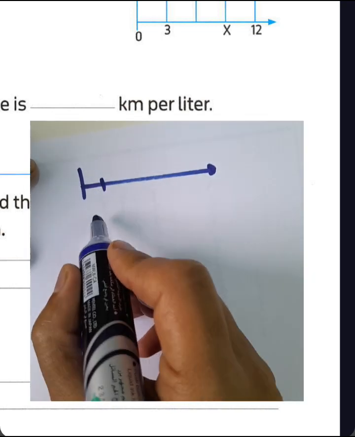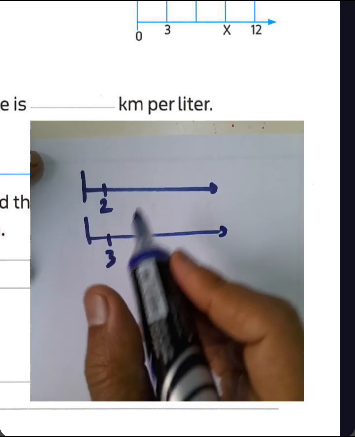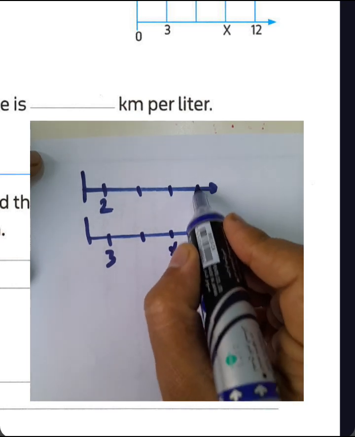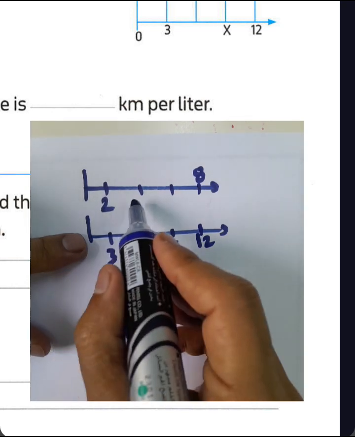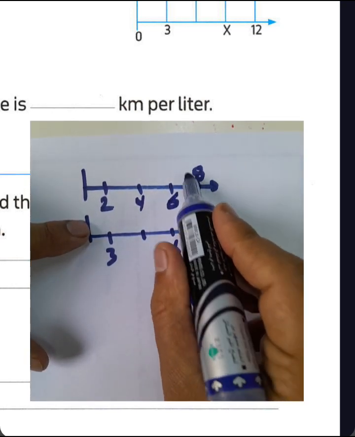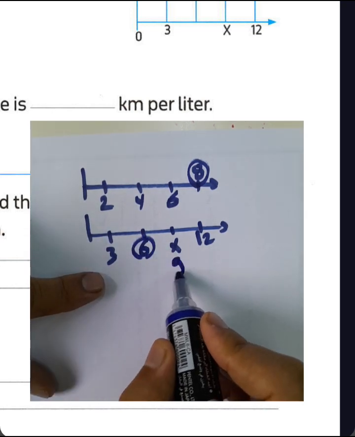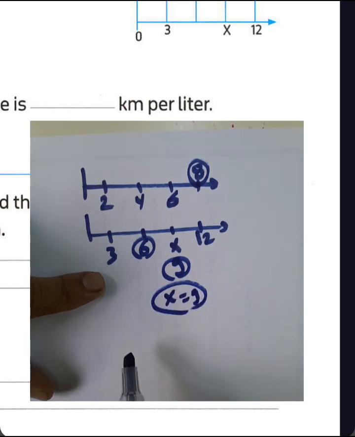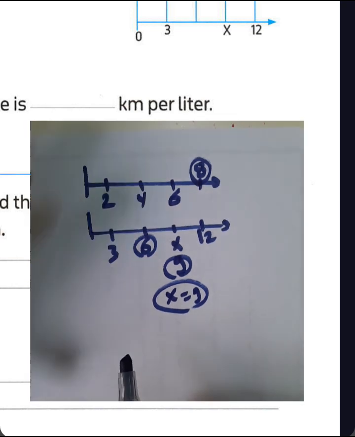Again, we have 2, opposite it 3, and here x, and here 8 over 12. 2 plus 2 equals 4, 4 plus 2 equals 6, 6 plus 2 equals 8; 3 plus 3 equals 6, 6 plus 3 equals 9, 9 plus 3 equals 12. Then the value of x here will be 9. Okay, understood? It's the method to solve this example.